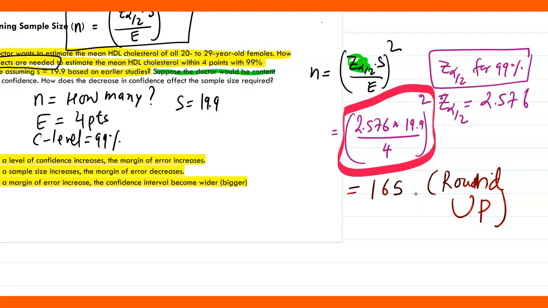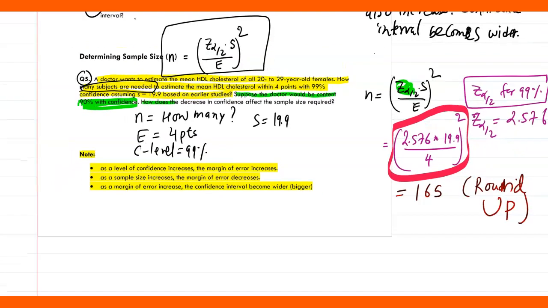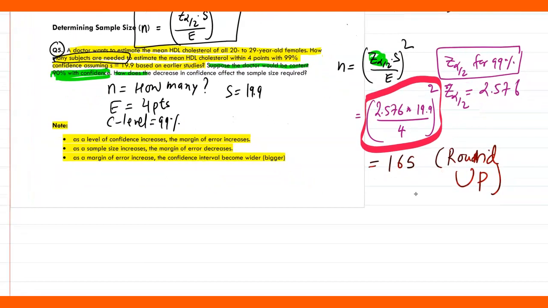Similarly, for the other part, let me highlight that. Suppose the doctor would be content with 90% confidence. Again we're looking for the sample size n with 90% confidence.